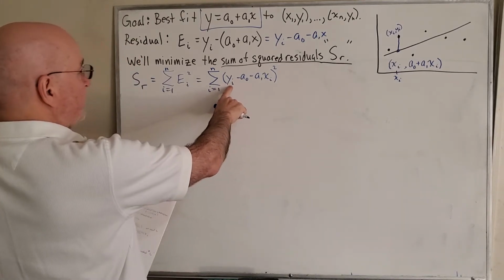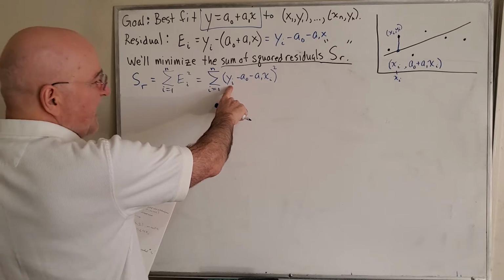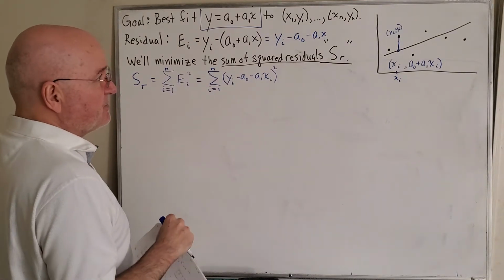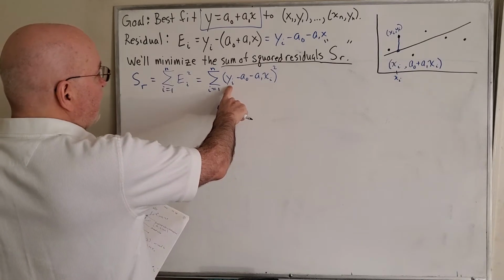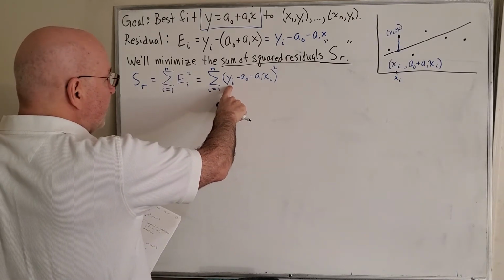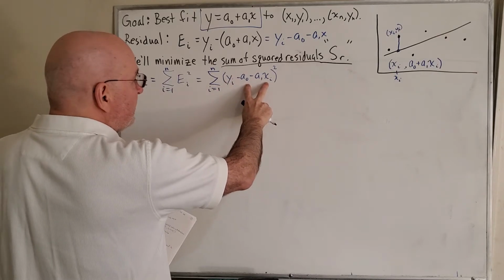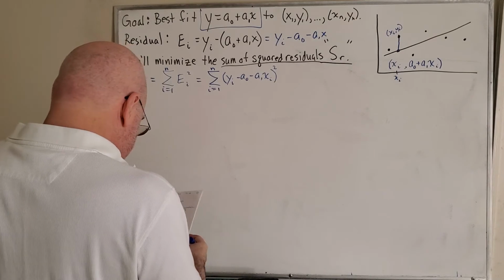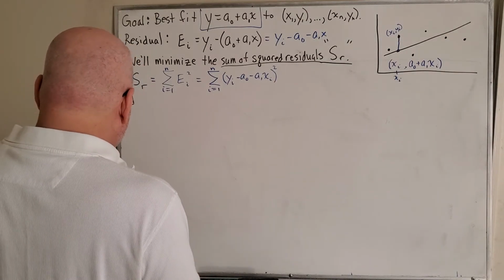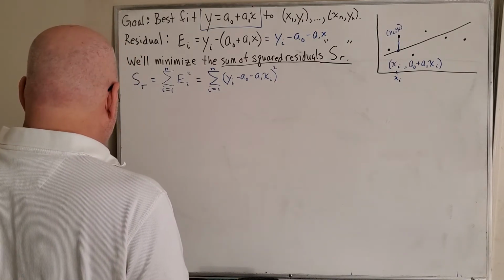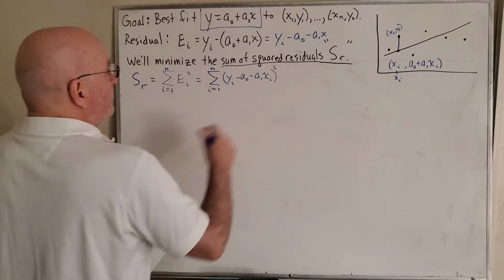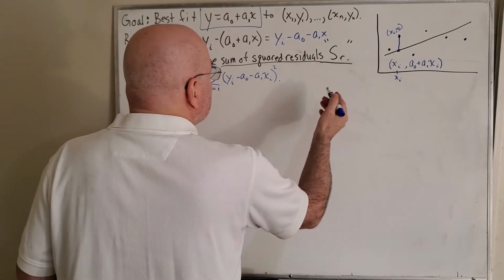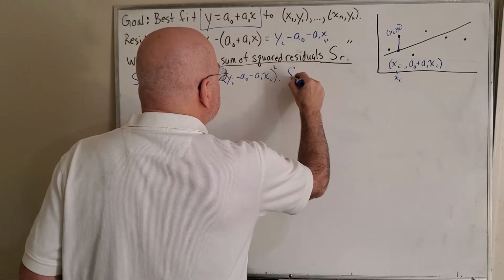Again, that's our observed yi value at the time. If you want to think of x as being time, you can think of it as temperature as well. But at time xi, that's the known value, and this would be subtracting then our estimate on that line. So we need to find out what A0 and A1 are. So what do we do? We find, actually I'll say set.